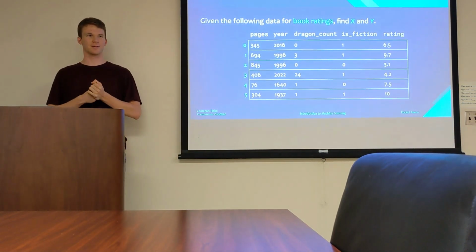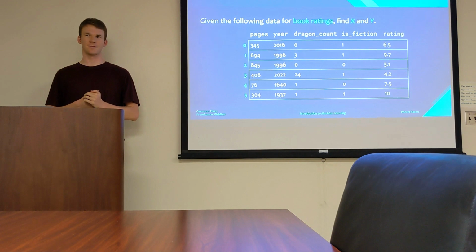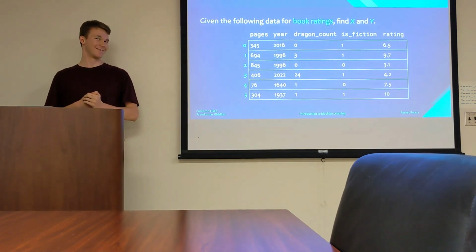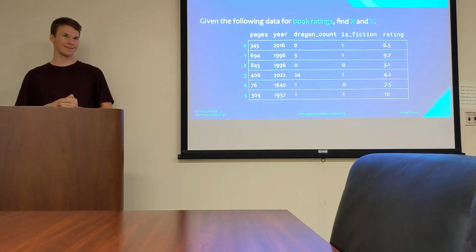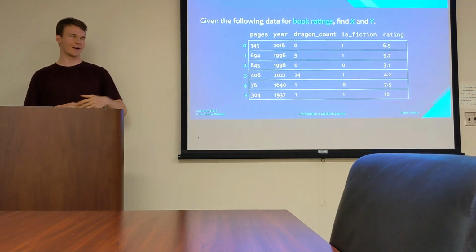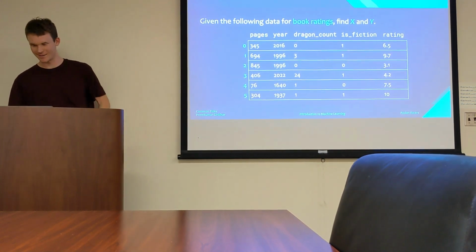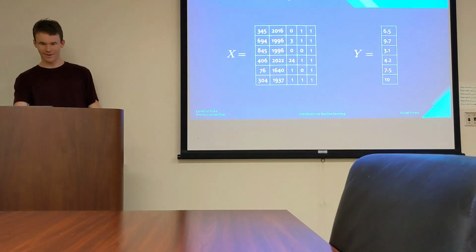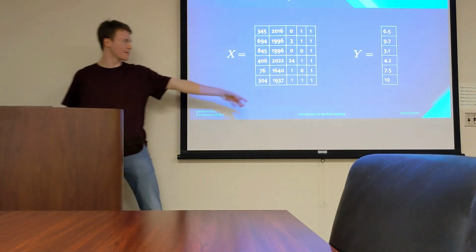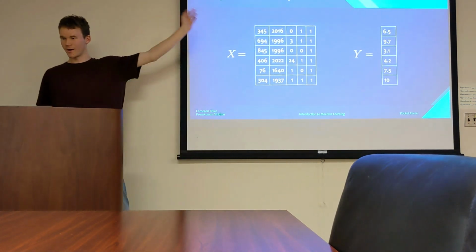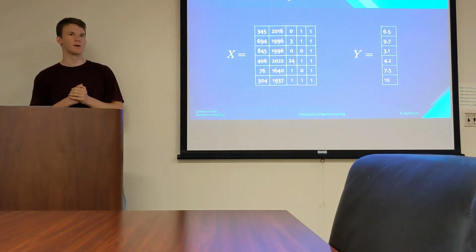Don't overthink this one. Like the rating? Yeah, it's just going to be straight the ratings. Nothing changed about this. Very good. X is just going to be this matrix, and again, a column of ones right here. Y is going to be the column of ratings.